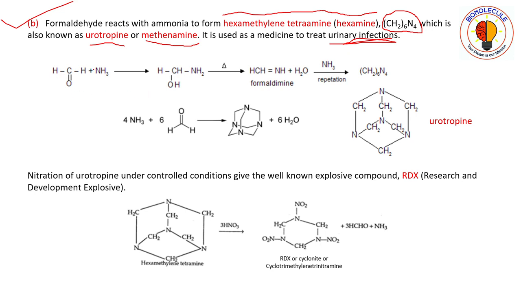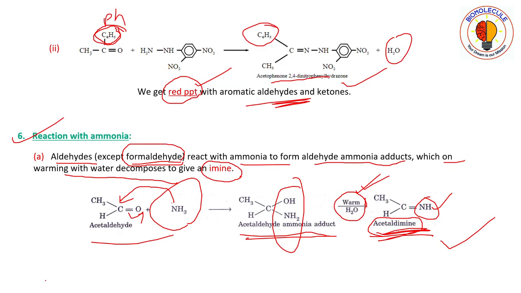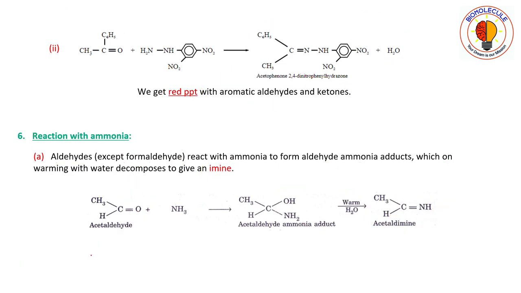Similarly, formaldehyde will react with ammonia to give you the same adduct, which if you heat will give you formaldehyde and water. But this formaldehyde is very reactive, unlike this aldehyde. With this aldehyde, you are getting one ammonia adduct and further warming decomposes it to acetaldehyde.